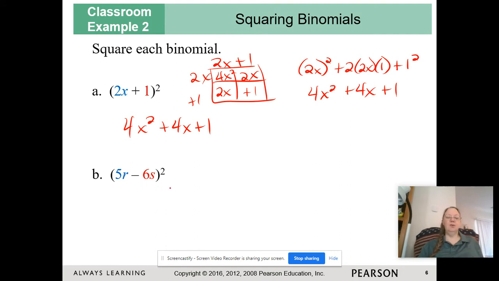We can do the same thing with this. Again, my preference is to have you do it using the box. Guys, this is an S. I know my S's look like my 5s and vice versa.